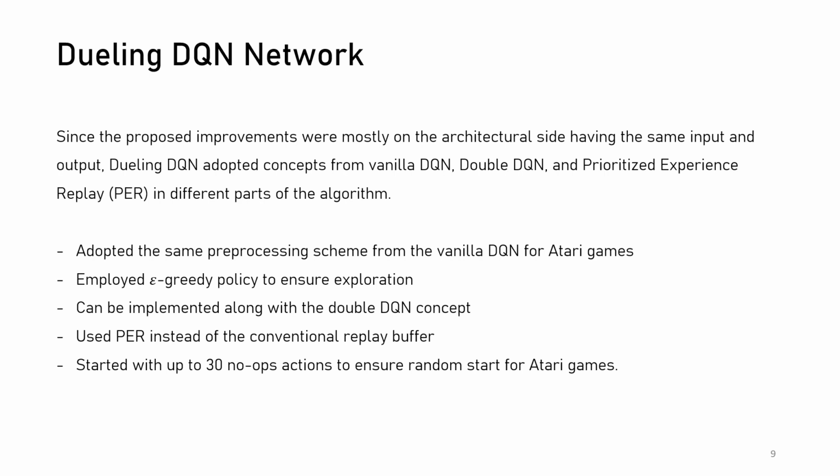The dueling implementation adopted the same preprocessing scheme and epsilon greedy policy for exploration as the vanilla DQN. Also, it implemented the prioritized experience replay and took 30 no-ops actions to ensure a random start for Atari games.